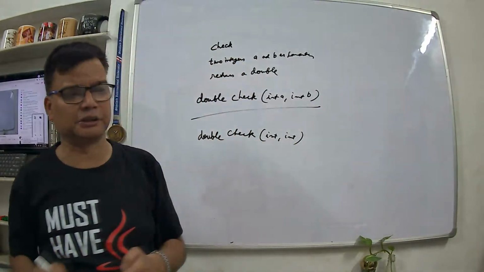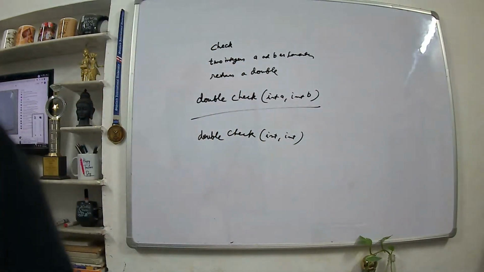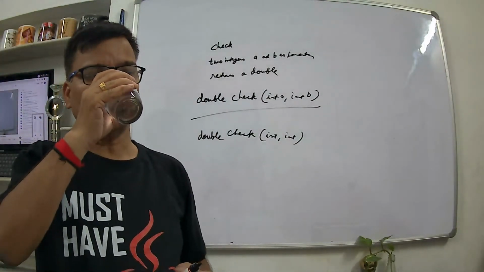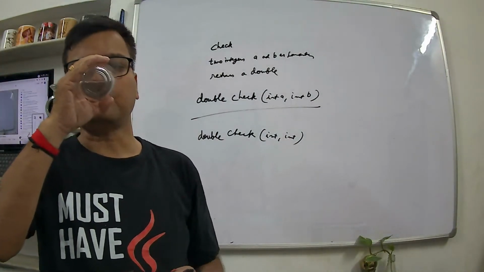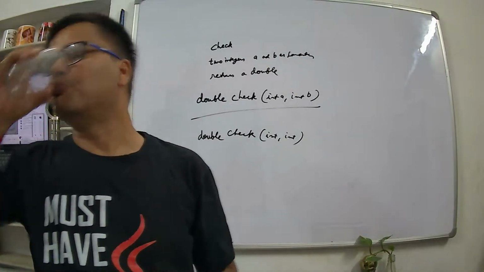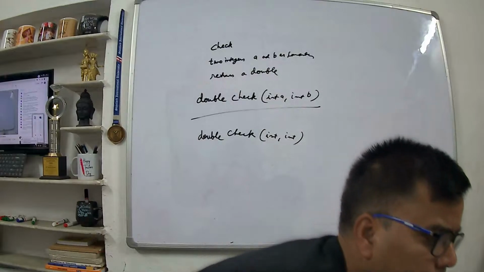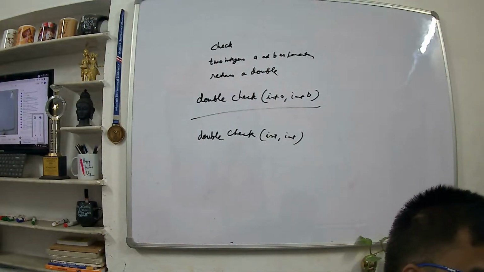This is the function signature. It does not contain the variable name. So please repeat prototype. Okay, done.